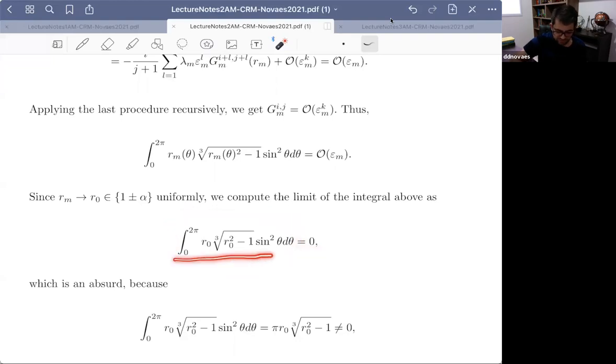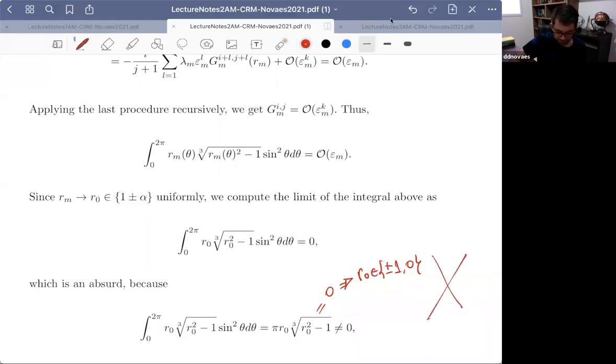However, we can compute this integral. This integral is equal to this function. And we know that this function vanishes only if R0 belongs to plus minus 1, 0. Okay? And we know that it does not happen because R0 belongs to the boundary of a V, and the boundary of a V can be only 1 plus alpha and 1 minus alpha. So this cannot happen.